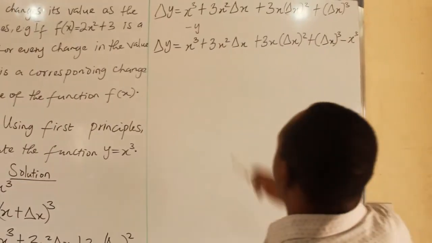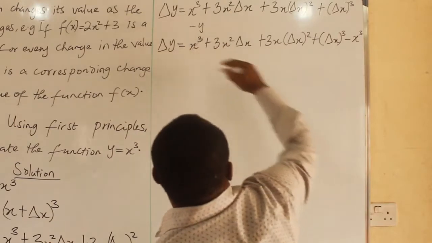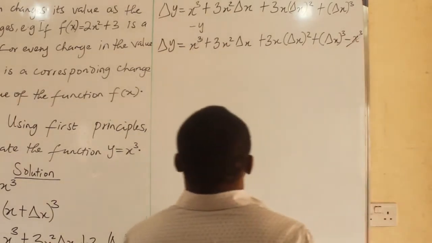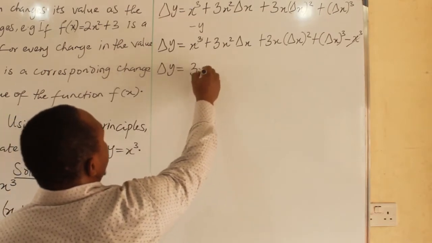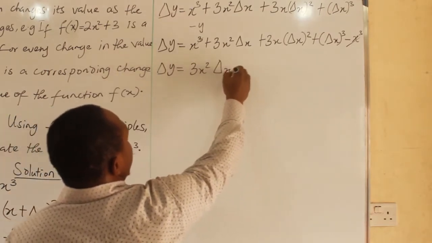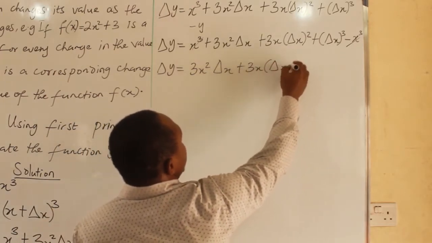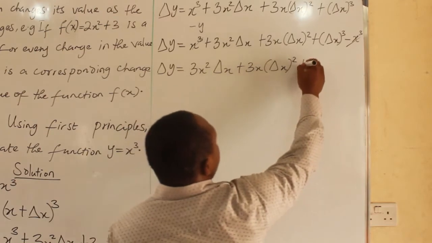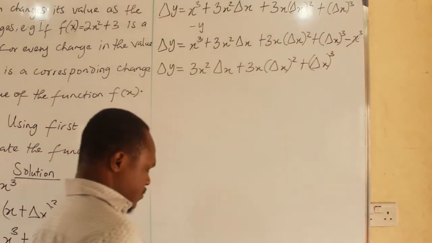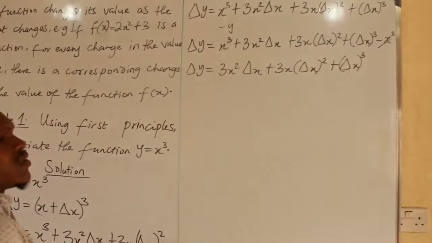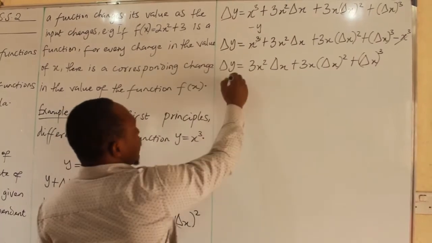Here we have x to the power 3 and minus x raised to the power 3, so both of them cancel out. We're left with delta y is equal to 3x squared delta x plus 3x delta x all squared plus delta x all raised to the power 3. Now at this point, we divide both sides of the equation by delta x.